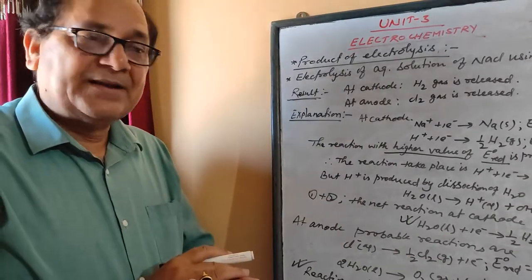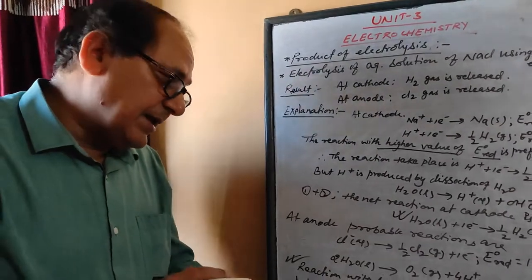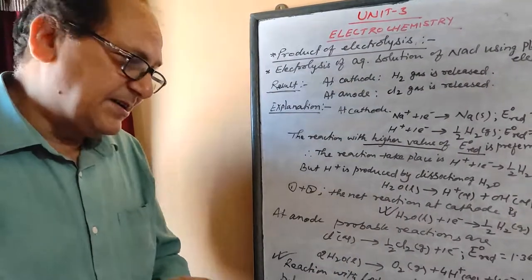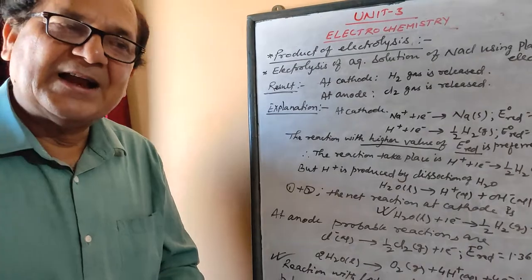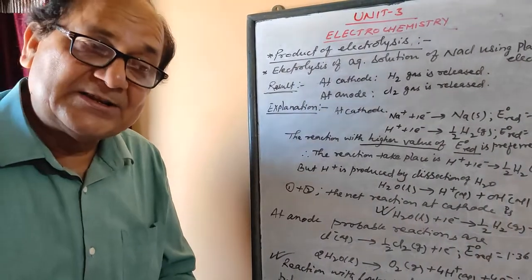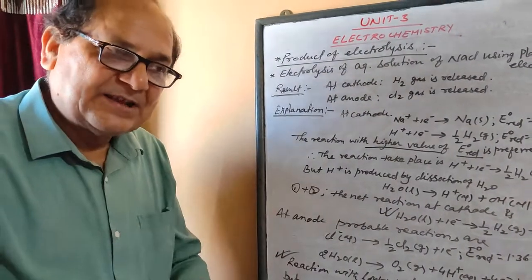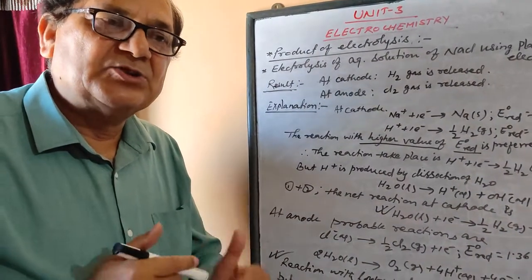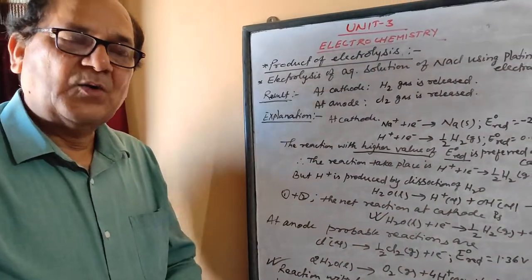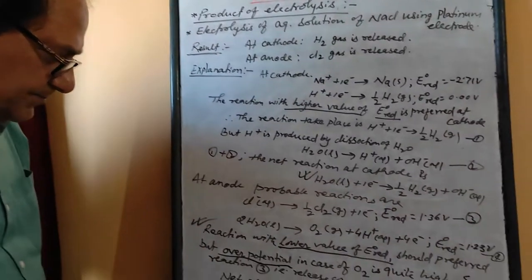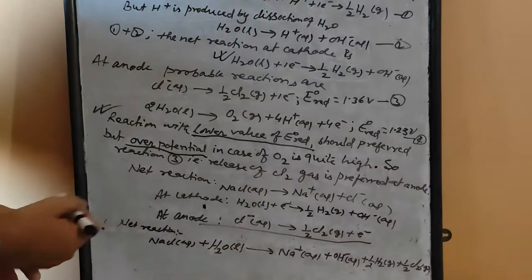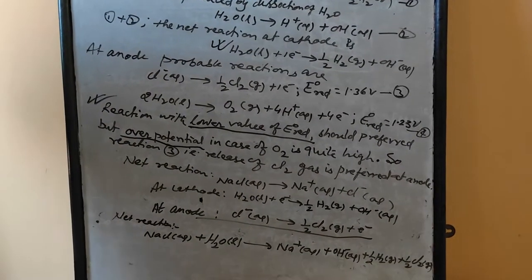So on the basis of E naught red, the oxidation of water should be preferred, but it is suffering from a problem, and that problem is the overpotential problem. So overpotential means the reactions which are kinetically very slow require extra potential to proceed. So the release of Cl2 gas is preferred at anode.